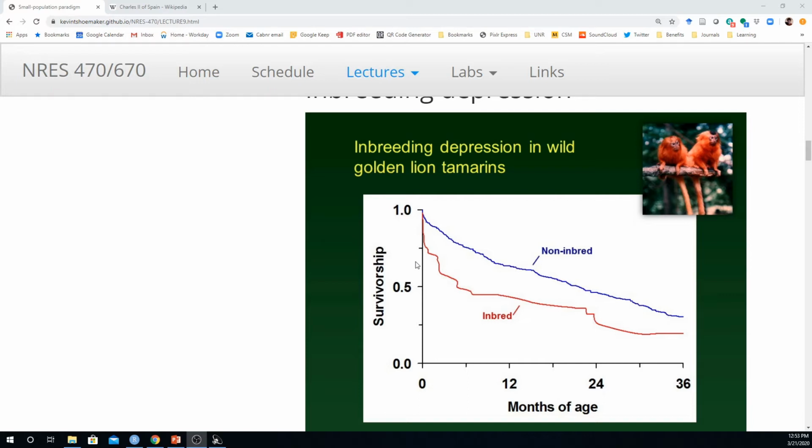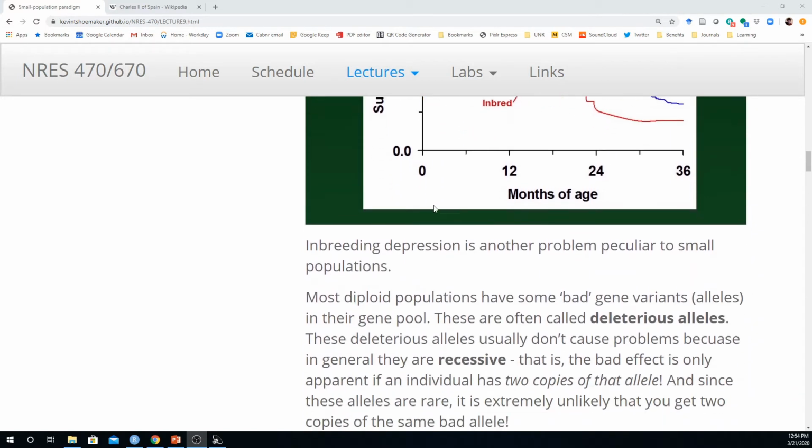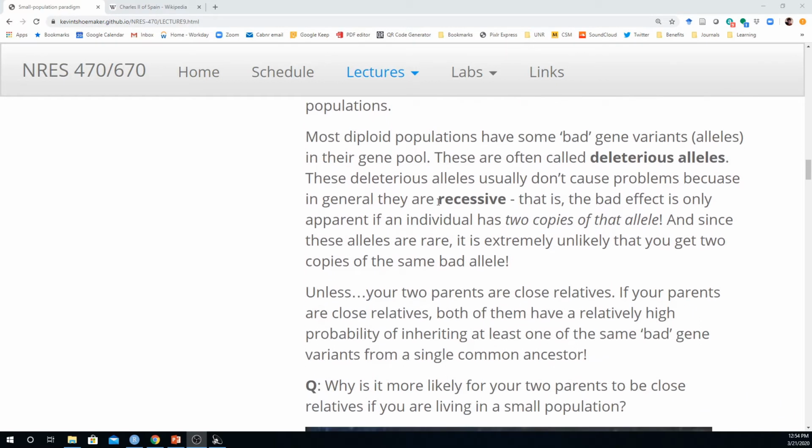So what is inbreeding, and why does it particularly influence small populations? Let's look at that. Most diploid populations, and diploid just means that individuals have two copies of each gene variant or allele, and this basically includes everything that we traditionally consider wildlife: birds, mammals, fish, basically all multicellular life that is not plants are diploid populations.